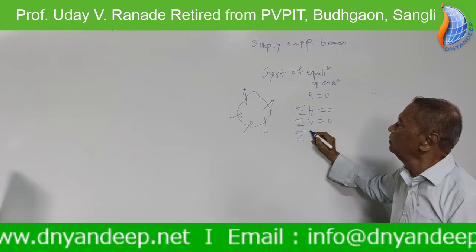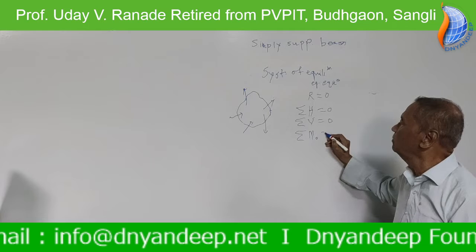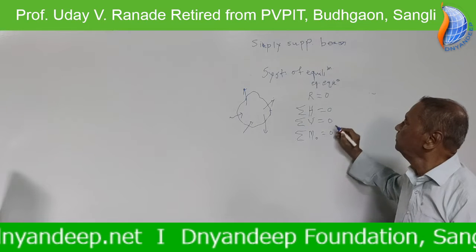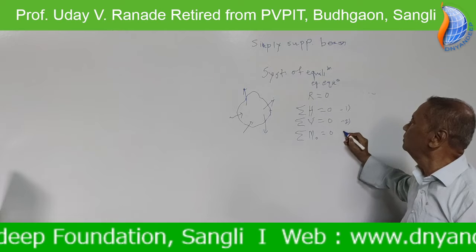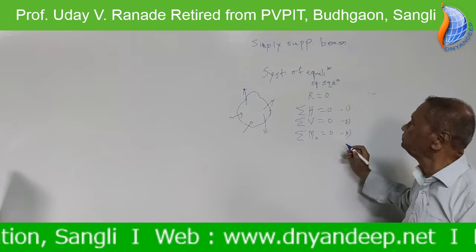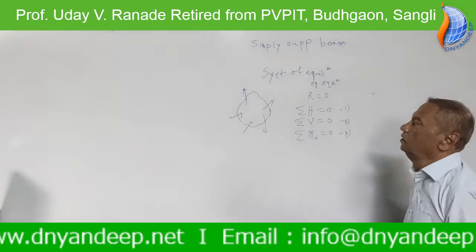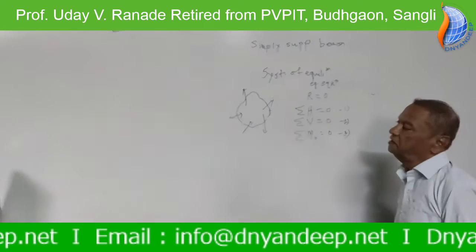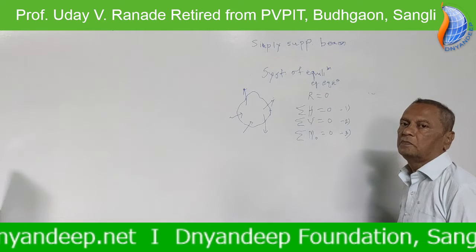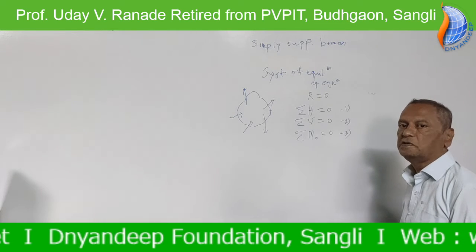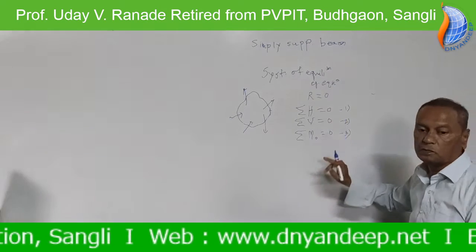Summation of moments about any point equal to 0. These are three conditions of equilibrium. So when you are given an example, and in that it is stated that the conditions of equilibrium are satisfied or system is in equilibrium, you can make use of these equations and solve the problem.